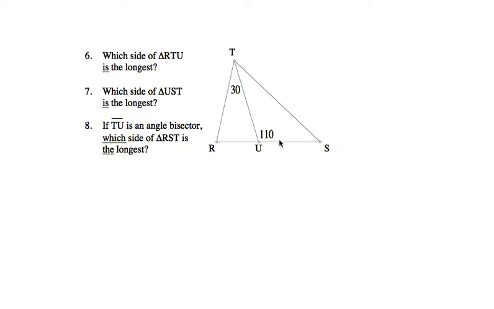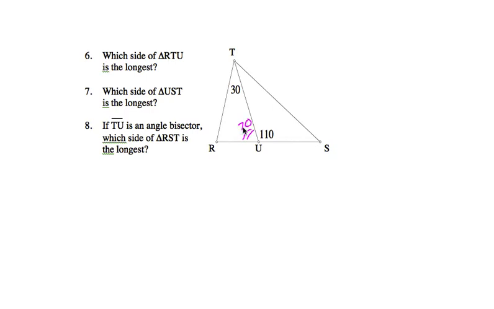Next picture. Which side of triangle RTU is the longest? So if I'm looking at RTU, I don't have any measurements in here to figure out which is the longest. So the first thing I need to look for is some measurements. Well, if this angle is 110, it's a linear pair with angle RUT, and linear pairs have to add up to 180.